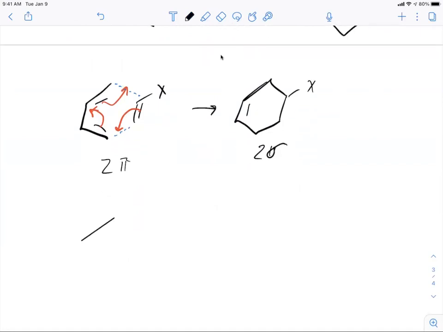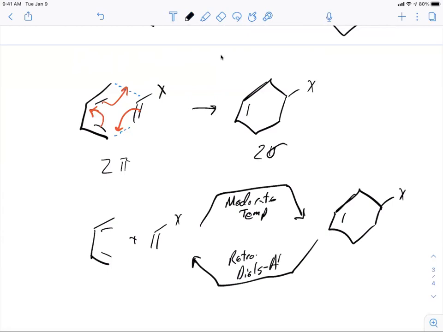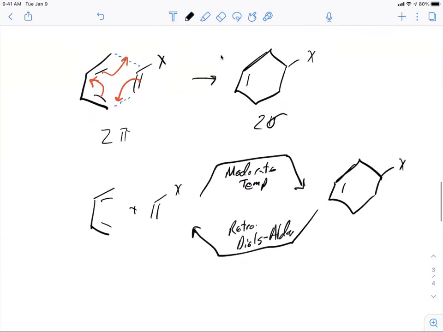So if we look at this reaction going forward, usually it takes moderate temperatures, and sometimes that's relative, but moderate temperatures to get to the cyclic. But it actually turns out I can do a retro Diels-Alder, with a higher temperature.